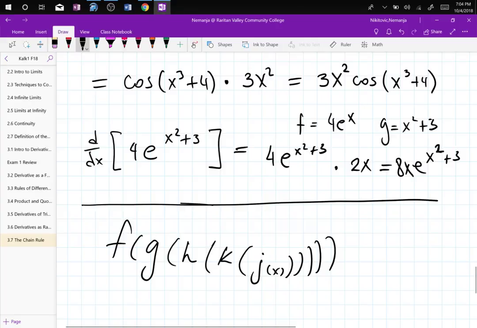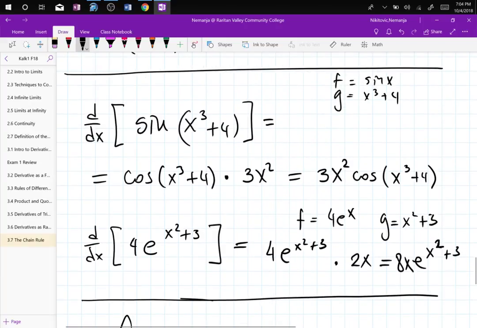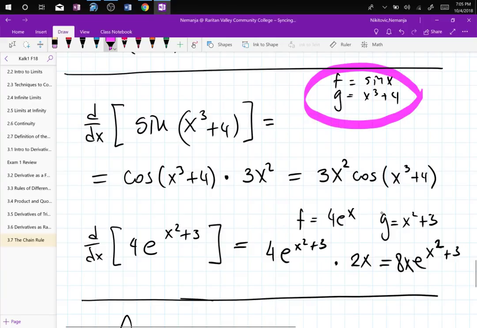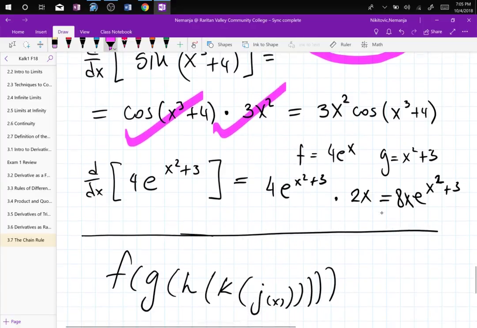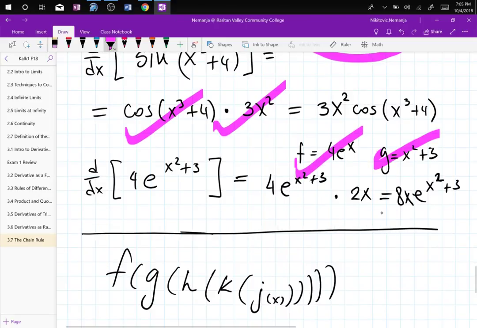Before I go and do this layered chain rule, I'm going to go back and remind you with my trusty pink highlighter that we had two functions and we had two factors.